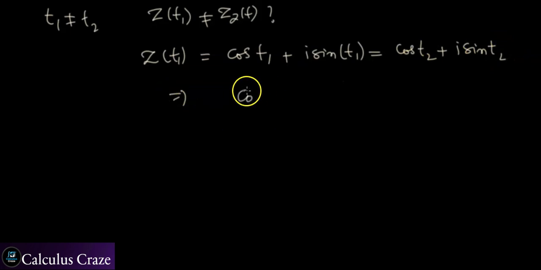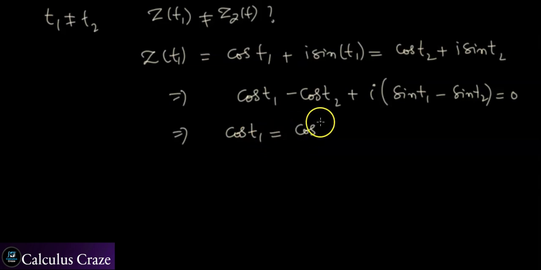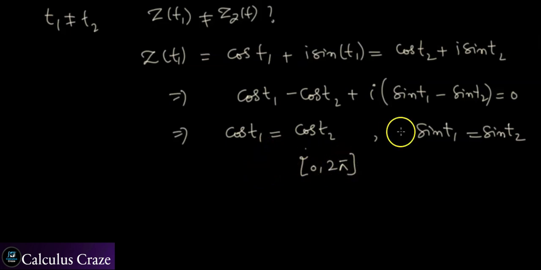Then I can write cos t1 minus cos t2, plus iota times sine t1 minus sine t2, equal to 0. From here I can say that cos of t1 is equal to cos of t2 and sine of t1 is equal to sine of t2. So are there any values in the interval 0 to 2 pi where these two agree?